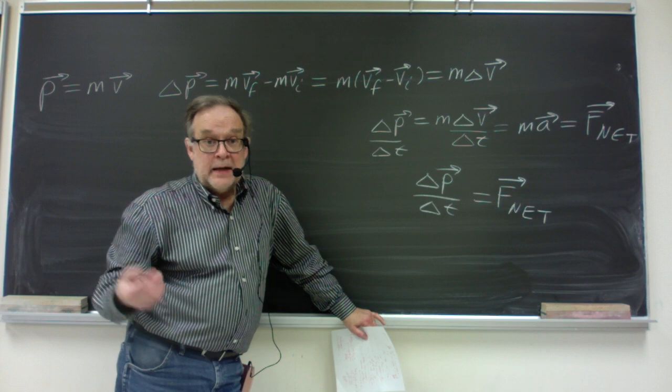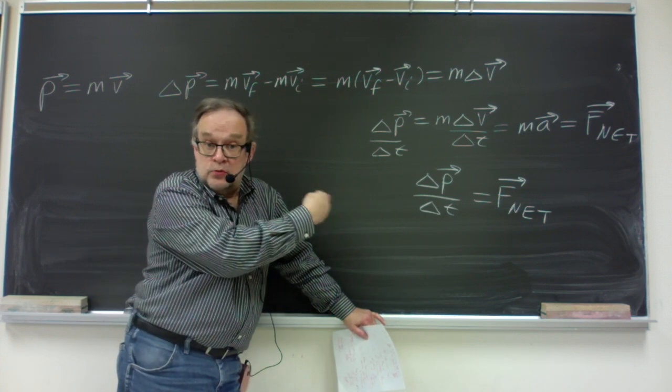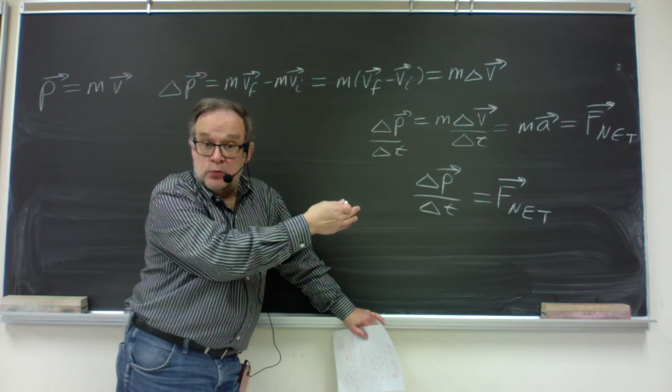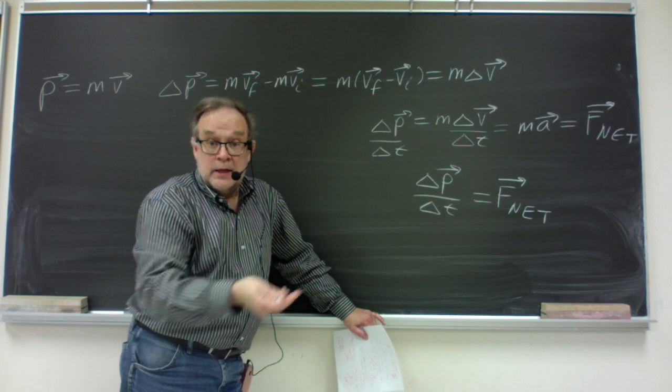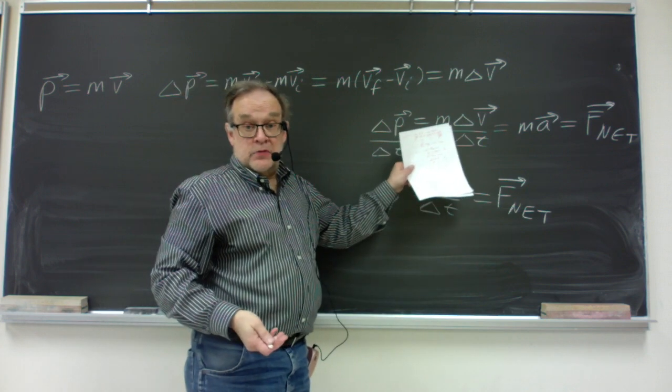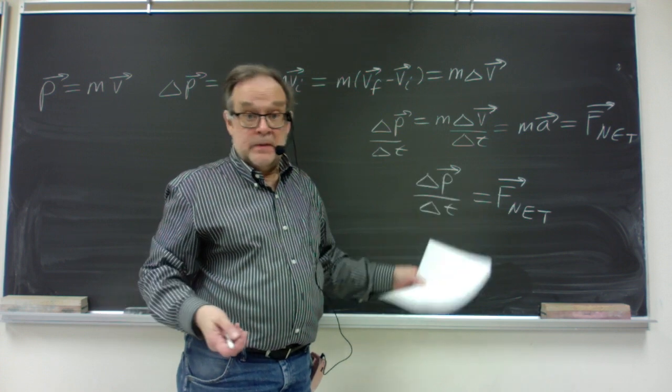Aside from defining a new quantity, momentum, we haven't added in anything that we didn't already know. Just a bunch of algebra, and then our definition of acceleration, and then Newton's second law.